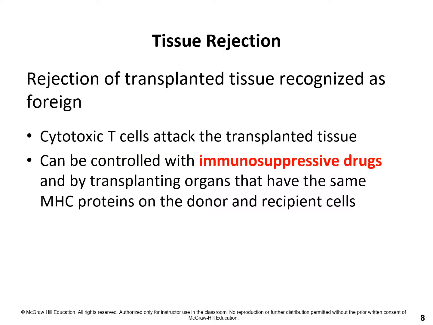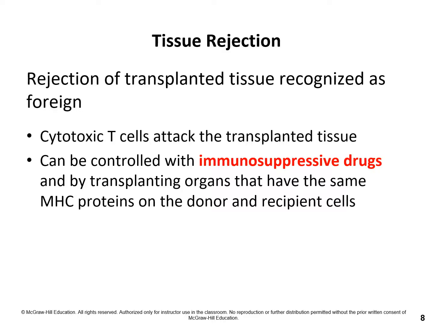So of course, whenever you have normal processes, there are always some abnormal things that can go wrong. Tissue rejection is one of those things that can go wrong with the immune system. In the case of donors and recipients, we all have something called MHC proteins on the outside of our cells.